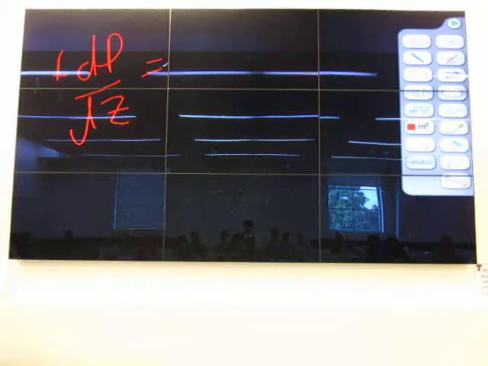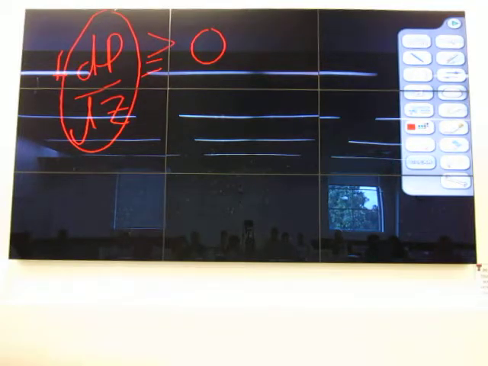You have minus dp by dc, right? So plus dp by dc will be something more than 0, a positive value for pressure drop. So this is a slope, right? dp/dc is the slope of the pressure versus length graph.